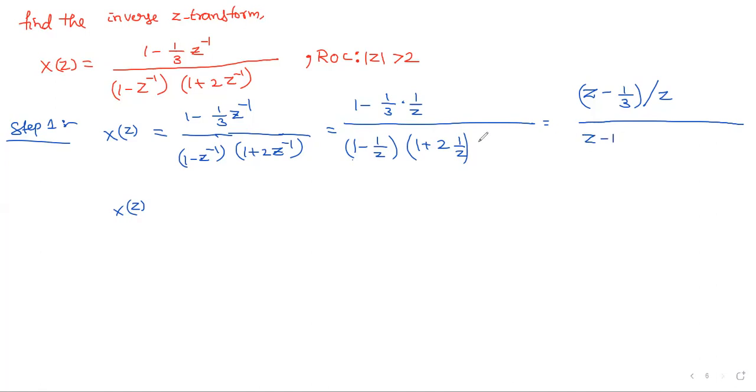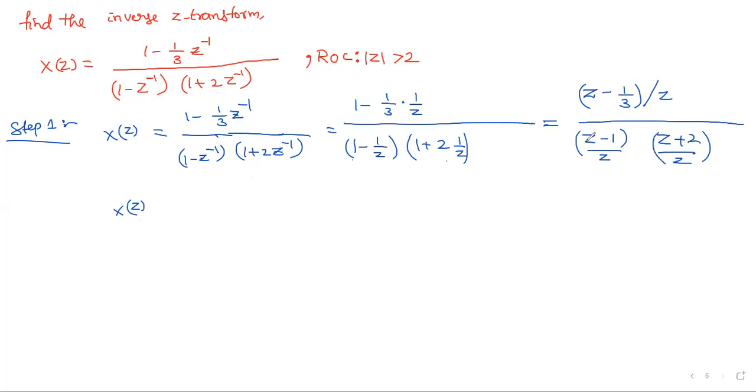Z minus 1 divided by Z. Here, this one will become Z plus 2 by Z.